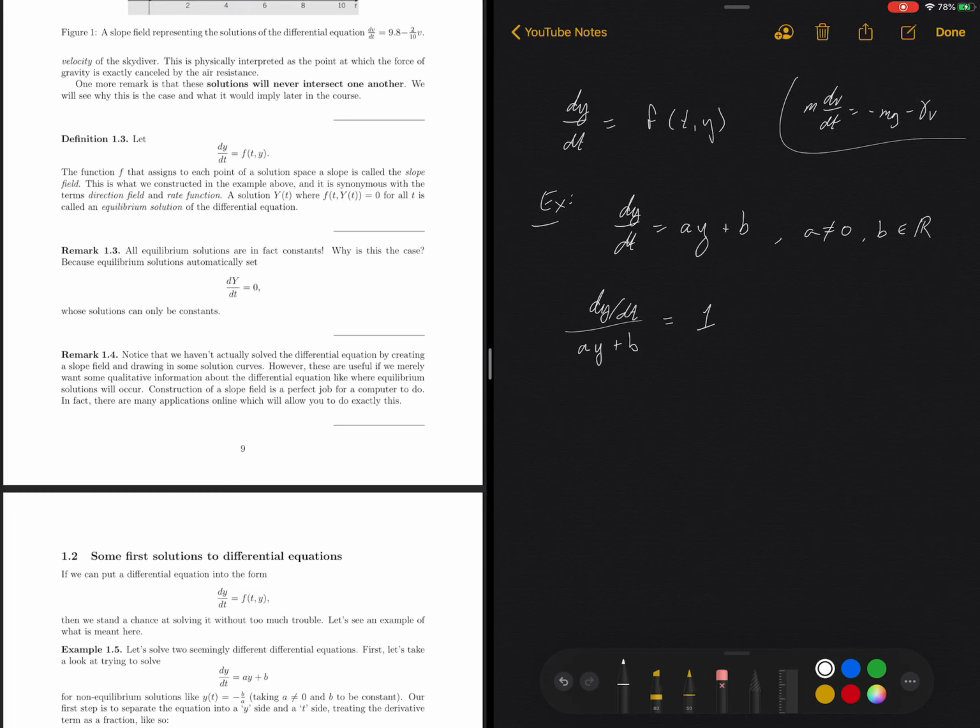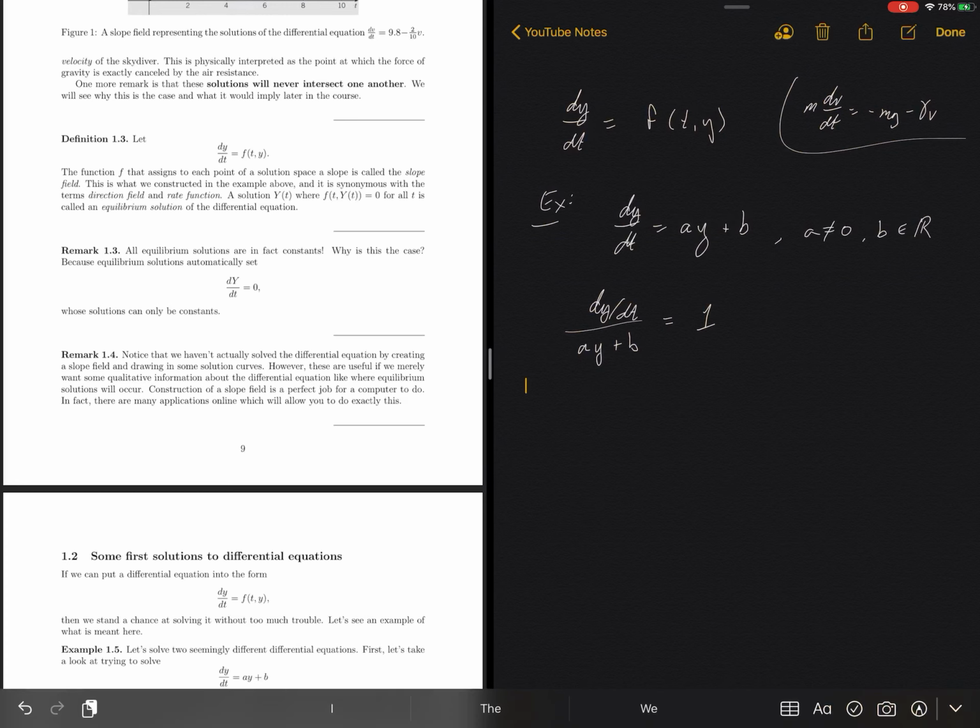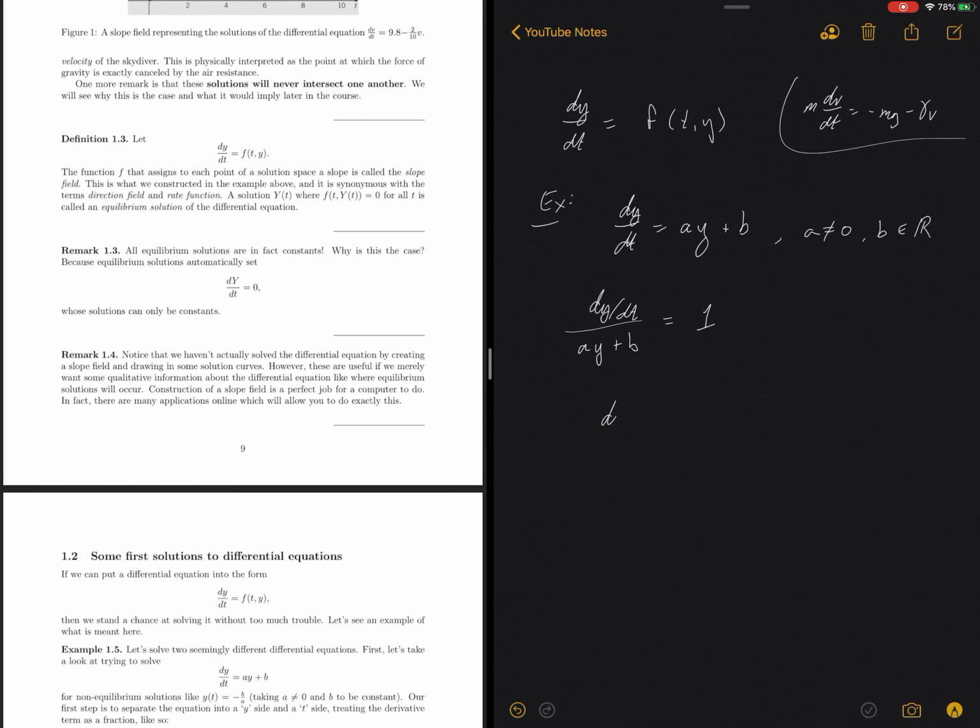Now, if I am careful, if I think about this in terms of a chain rule, or in Leibniz notation, I can technically multiply both sides of this equation by dt. And when that happens, I can really think about this as two differentials on the left and right-hand side.